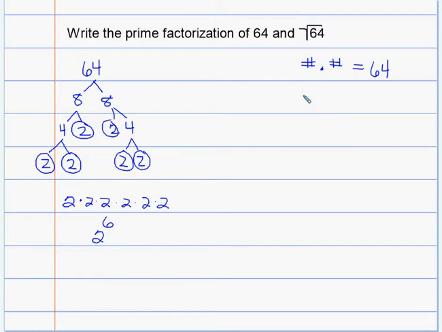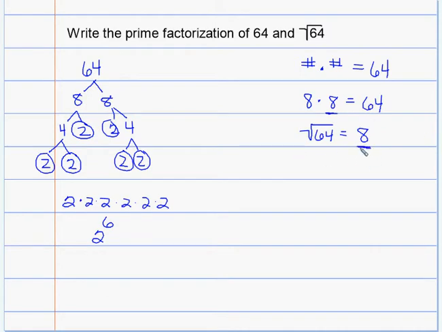Hopefully you've said 8. So we know that 8 times 8 equals 64. And since I want to undo that squaring, square root of 64 is going to work me backwards to that one number that I use, and that's going to be 8.